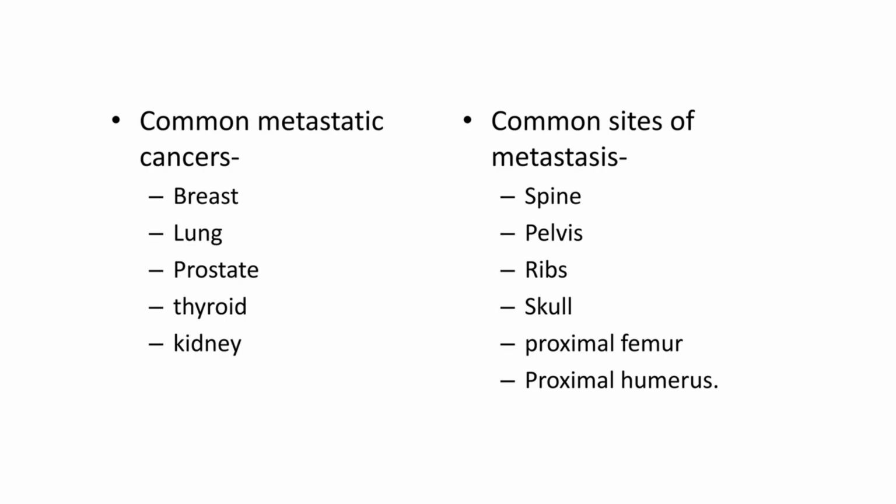The common sites of metastasis in the bone are spine, pelvis, ribs, skull, proximal femur and proximal humerus. These are the very common sites in which we should suspect a pathological fracture.